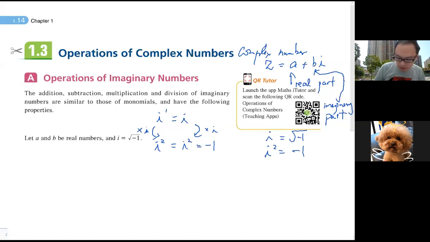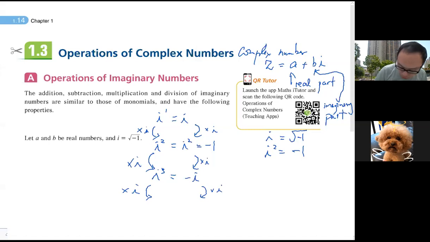Okay, and then the story goes on. If I multiply another i to both sides of the equation, then the left hand side becomes i cubed, i to the power 3. And the right hand side, I'm going to use -1 times i. It becomes -i. And I do it again. Multiply another i to both sides of the equation.